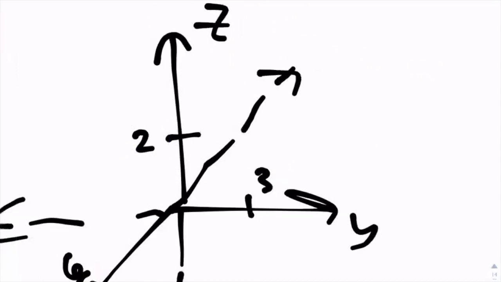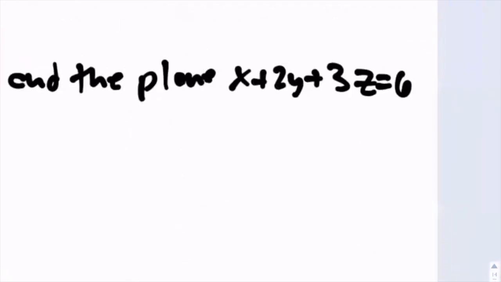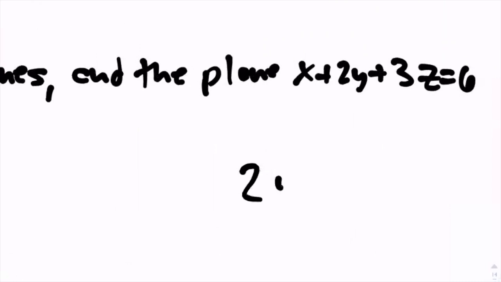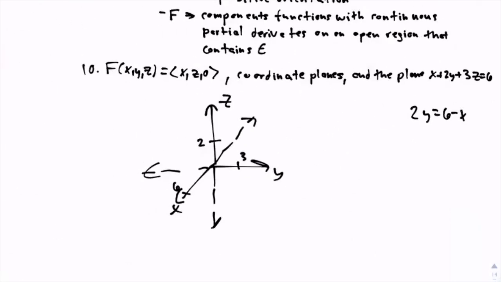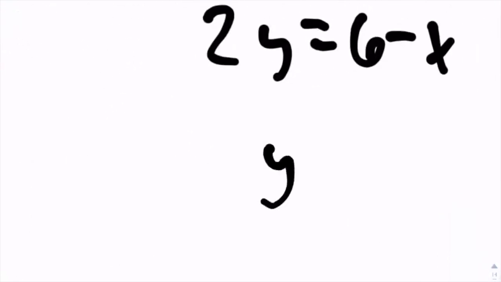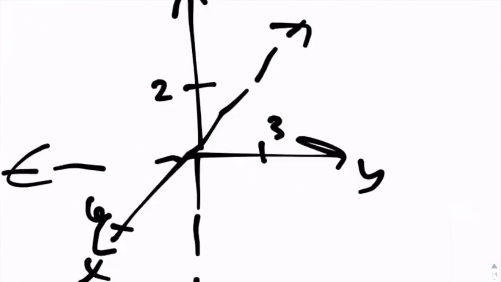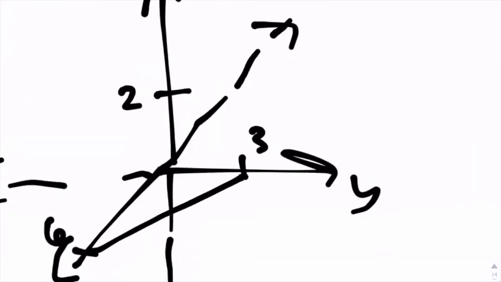All right. Looking at the xy plane, setting z equal to 0, we get 2y is equal to 6 minus x, so y is equal to 3 minus one half x, which appears to be this line right here.